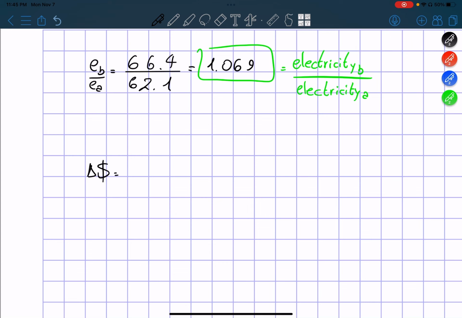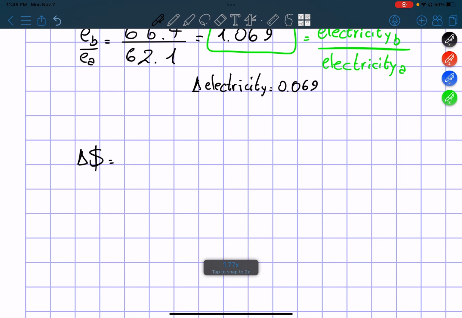Using 1.069, we're finding how much electricity we are producing in part B with respect to part A, so the difference in electricity is going to be 0.069. I plug this in for our difference because I don't want to calculate how much I'm making in part B, I just want the difference.